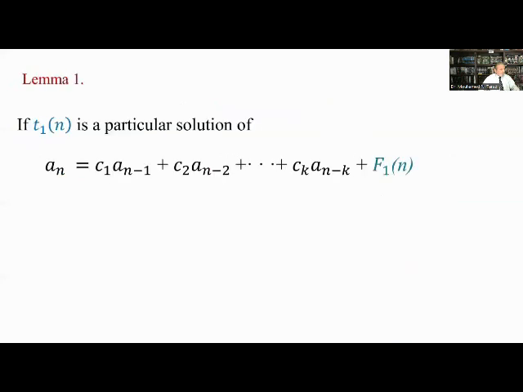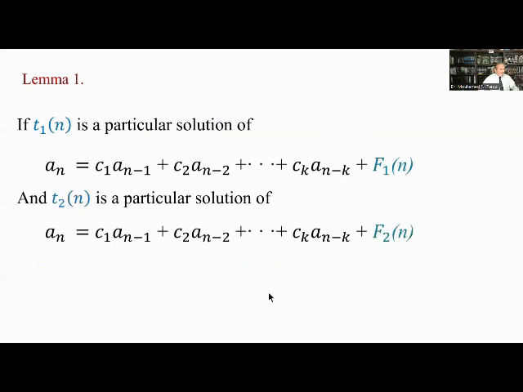Now, here's Lemma 1. If T1n is a particular solution of this, and T2n is a particular solution of this, then if you add them, you have a particular solution of the addition of these two recurrence relations.